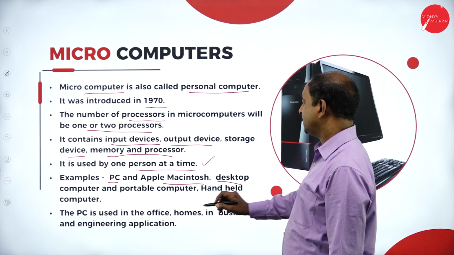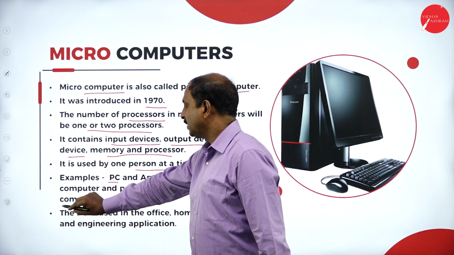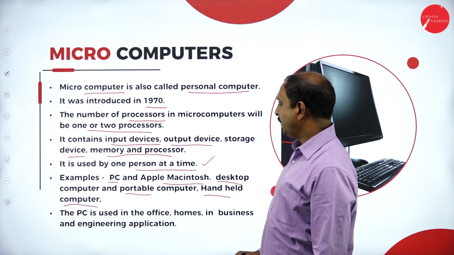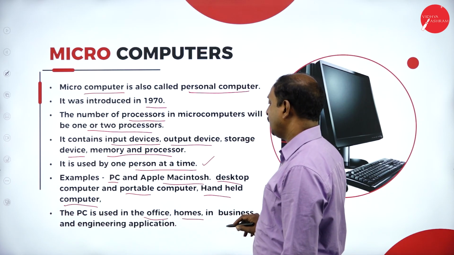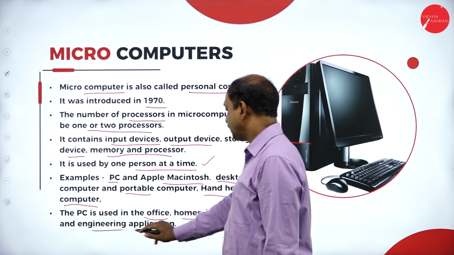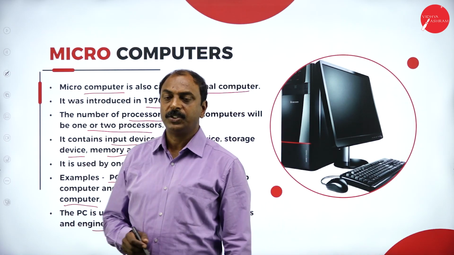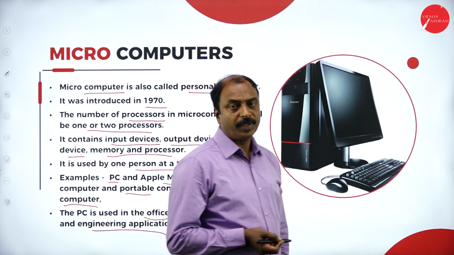Desktop computers, portable computers and handheld computers are all called microcomputers. The PC used in small offices, homes, in business and engineering applications is a microcomputer. So this is classification based on capacity or performance or configuration.